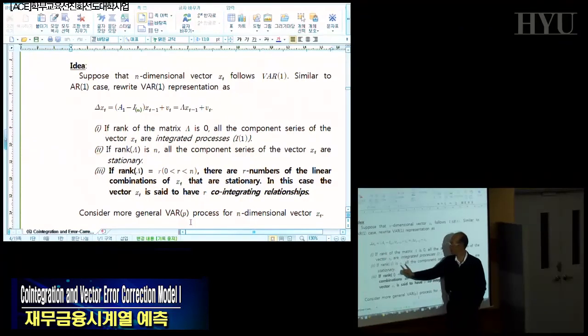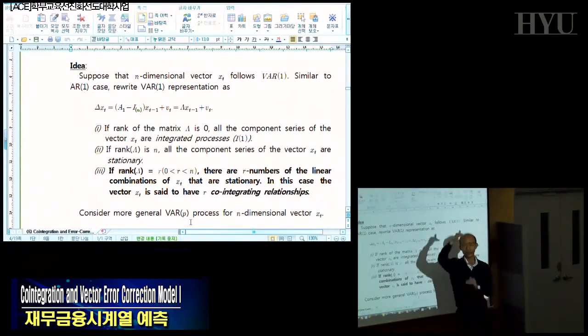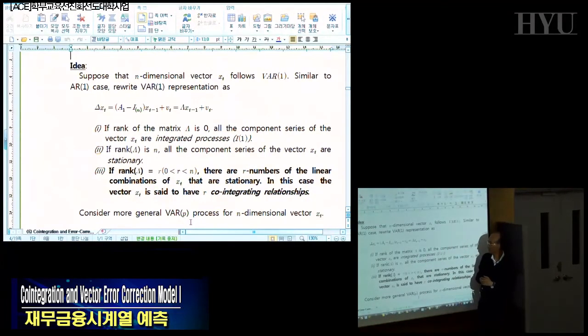If the rank of the matrix turns out to be 0, then all component series are integrated processes of order 1. They are just I1 series stacked, but there's no long-term relationship among them.